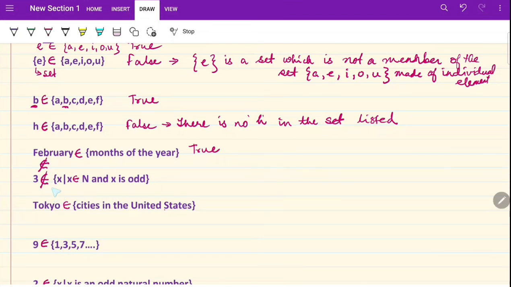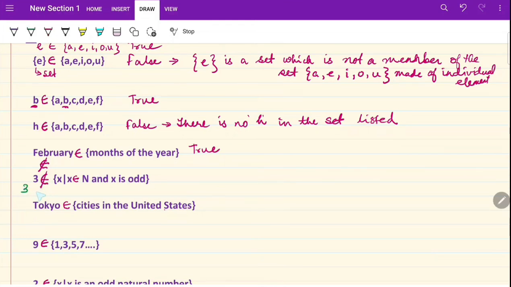Now note that this set given here is in the set notation form: X such that X is a member of the set of natural numbers, and X is odd. Again, read the statement carefully. Let me write it down over here.